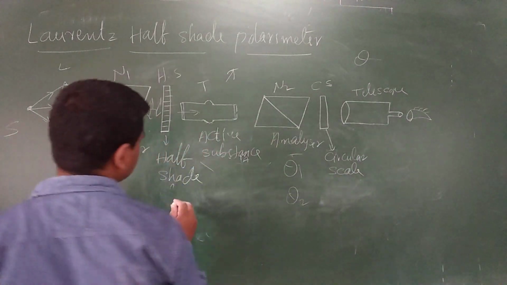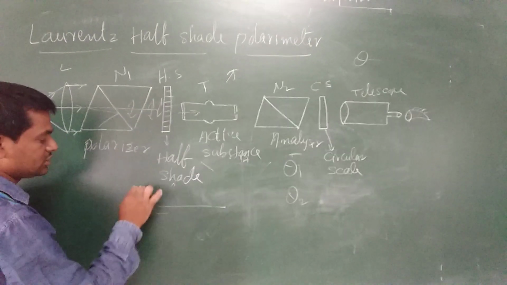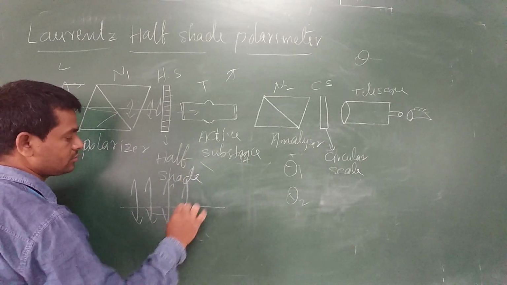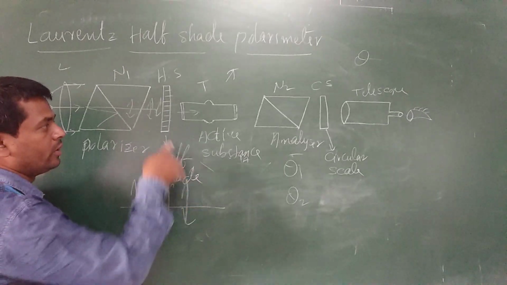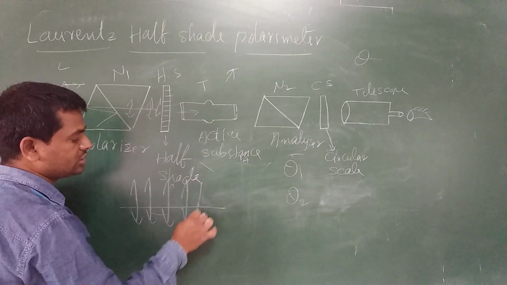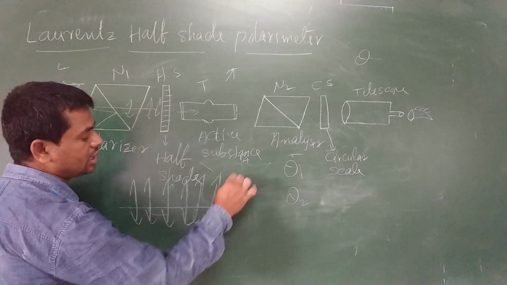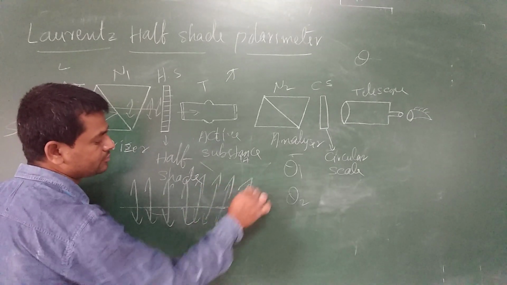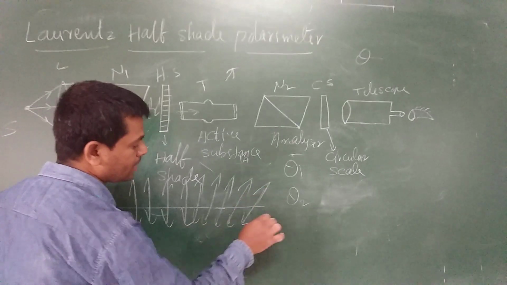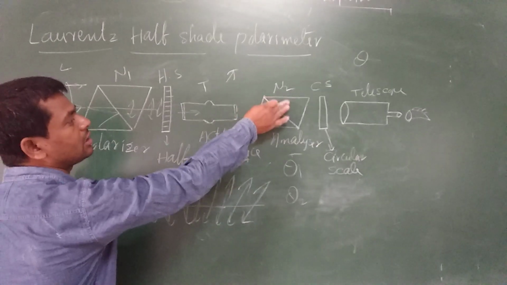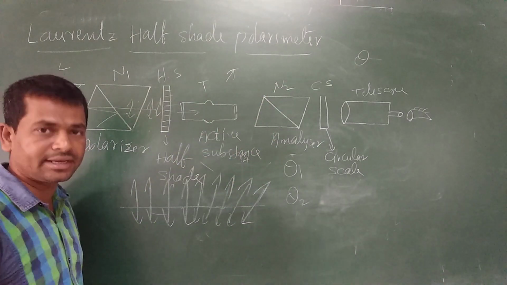How does it change? Suppose here the rotations are like this. It is polarized light. When it enters here, their rotation changes. Their vibrations start rotating like this, in this manner. Then these vibrations cannot be parallel to this one. Then you cannot see any light on that side.